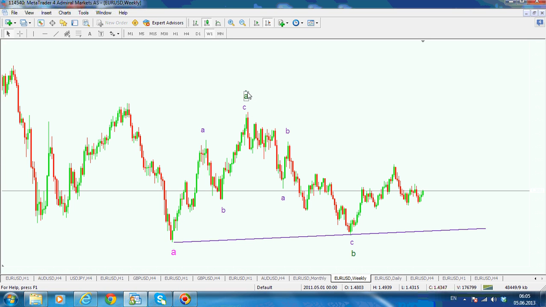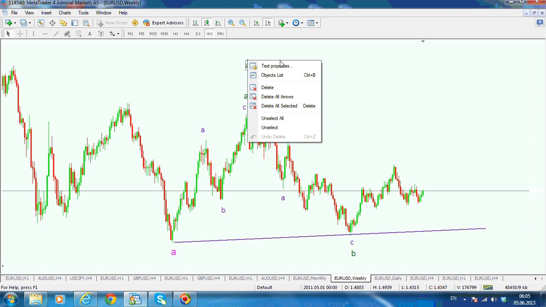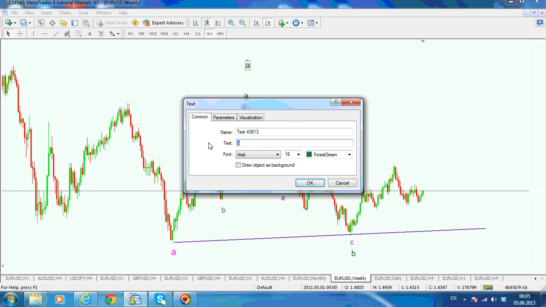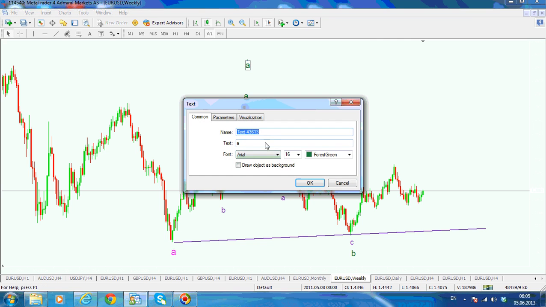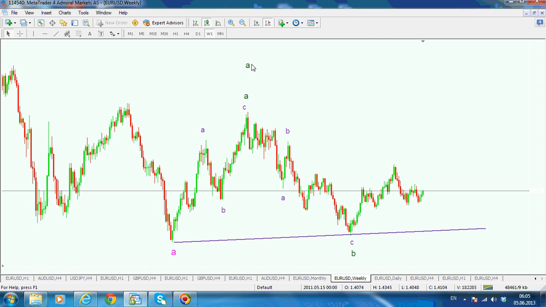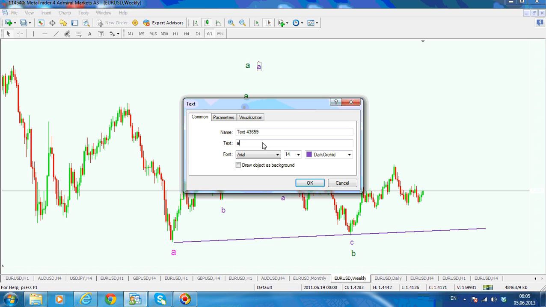Now, if you go on a smaller time frame, like this is the weekly chart, then this A wave here equals an A, B, C. So this A wave here equals an A, B, C of an even lower degree, of this degree.